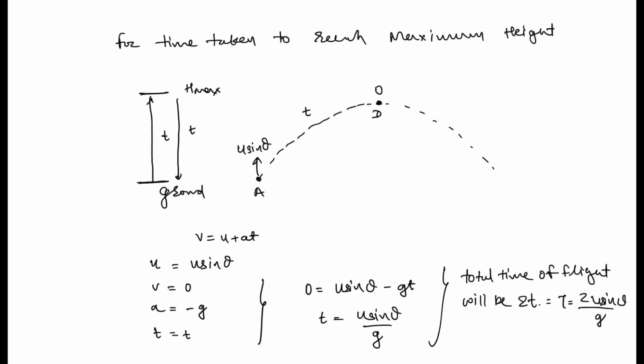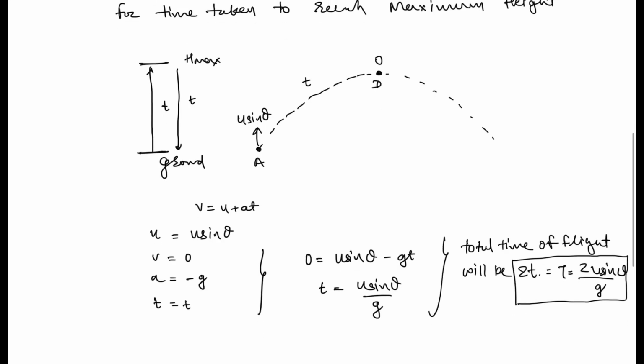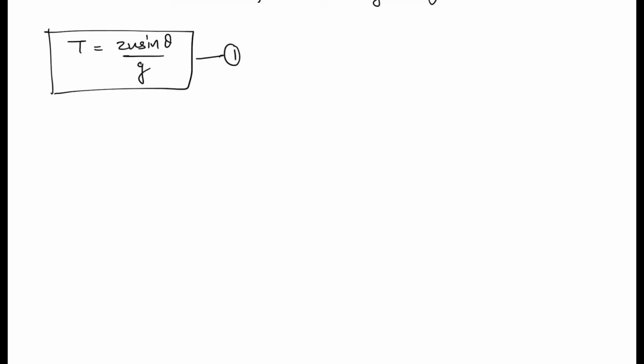Simple. It is the most important equation to calculate sums. Now we have time T is equal to 2u sin theta divided by g. Let's say it equation 1.